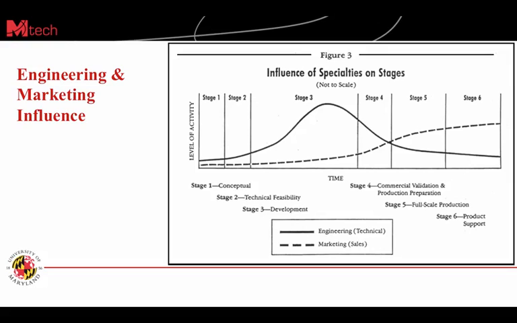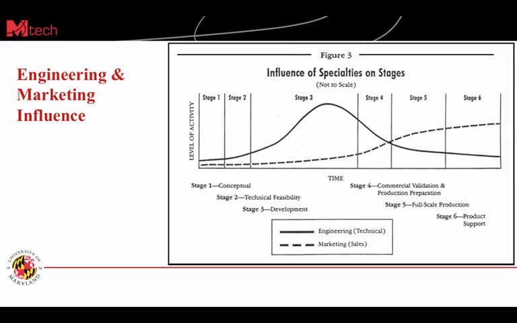Stage 6 is where the product support goes on, and actually that stage could go on considerably longer because it will go on as long as the product is viable in the marketplace. And so if you look at the two lines, the two curves, one is a solid curve and the other is a dashed line, you can see the engineering activity that happens, the technical support activity that happens is relatively low in the early stages, but peaks in the development stage.